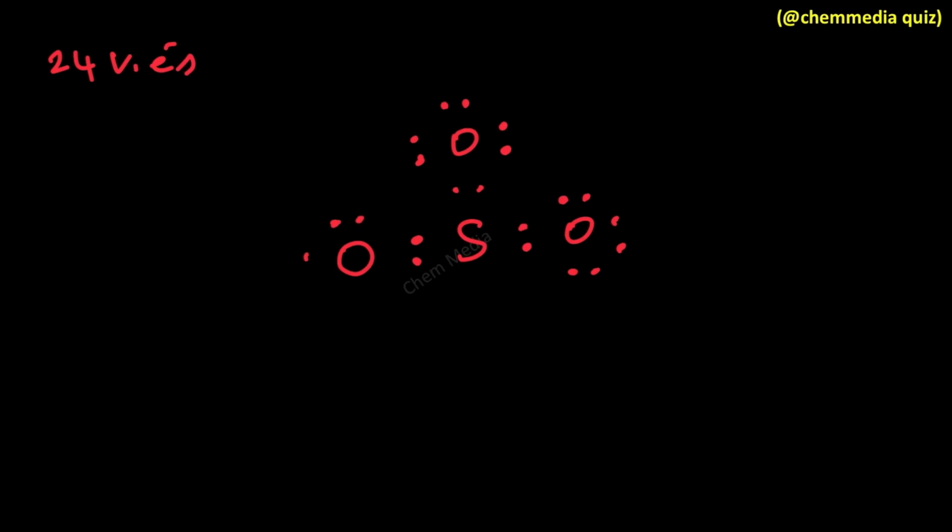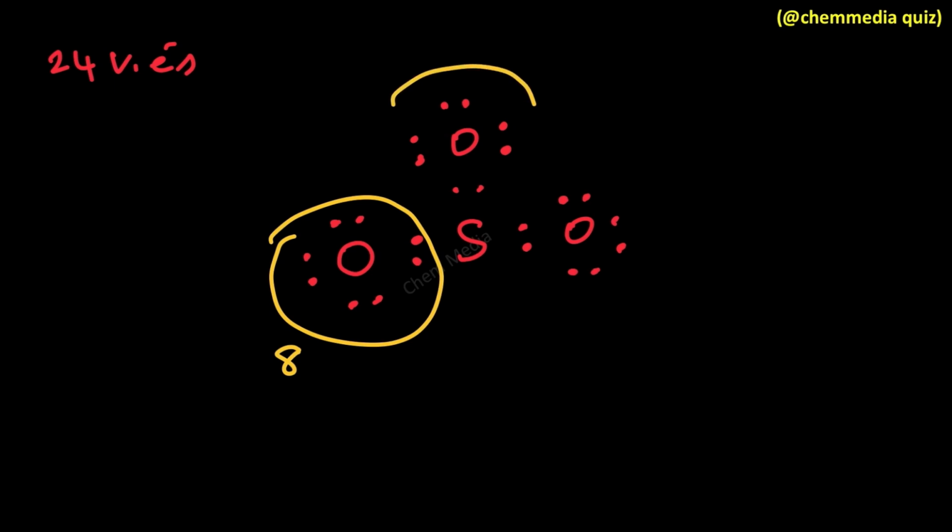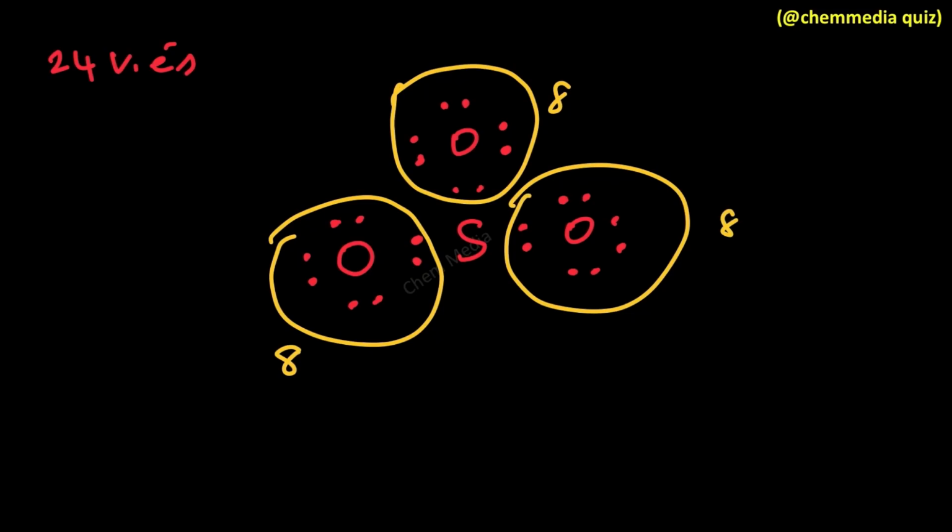If we do that, then we have accounted for all the 24 valence electrons, isn't it? But we have octet configuration only around oxygen, not around sulfur. Around sulfur, we have only 6 electrons. Therefore, this is not the best Lewis structure, isn't it?